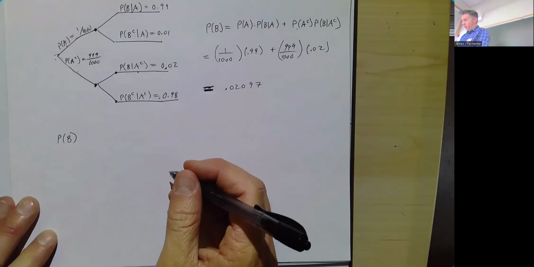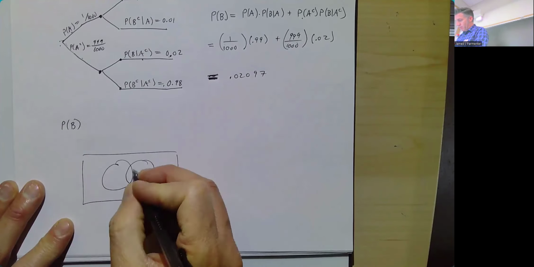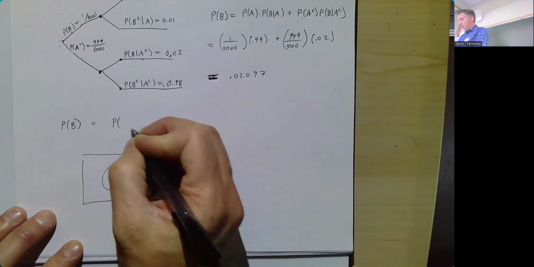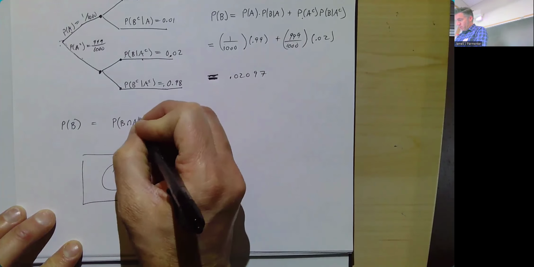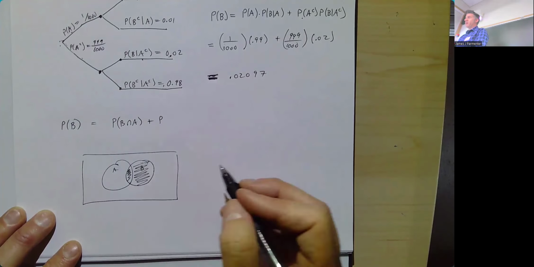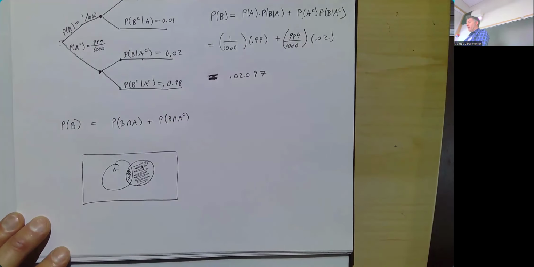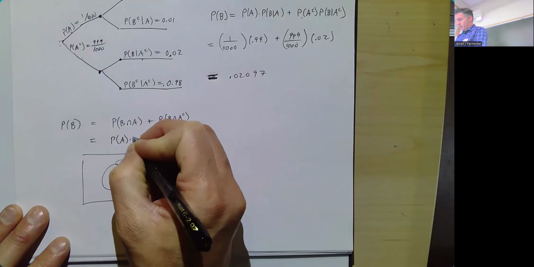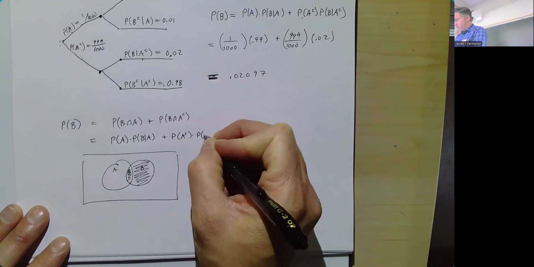If you think about a Venn diagram with A and B, the probability of B is the probability of B intersect A, the overlap, plus the probability of B intersect not A, the stuff that's in B that's not in A. That ends up being exactly the formula we've written up here: the probability of A times the probability of B given A, plus the probability of A complement times the probability of B given A complement.